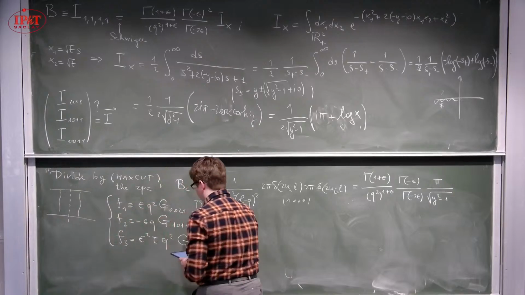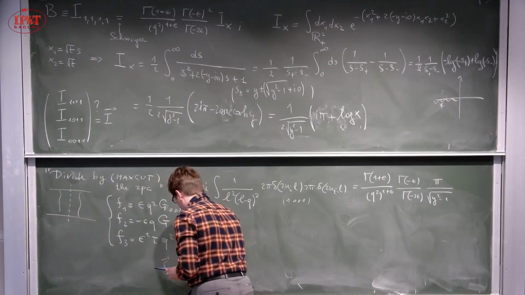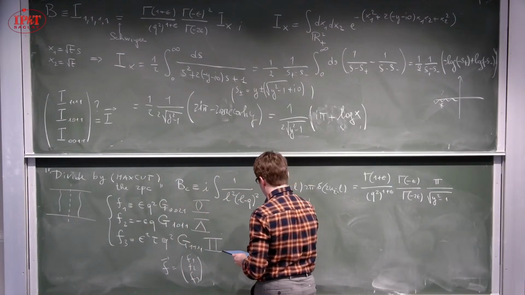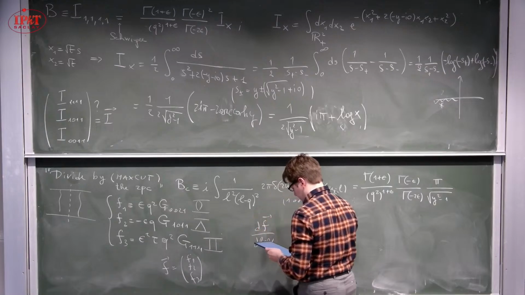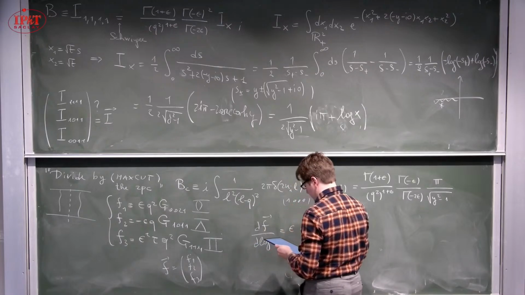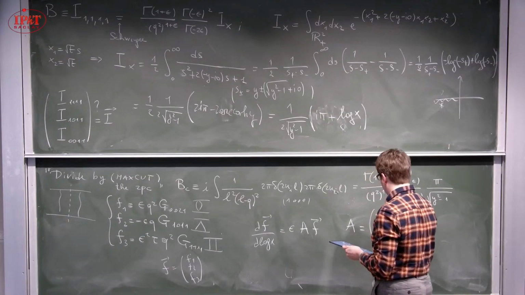So now we're calling f vector the master integrals, we call this the change of basis. And this satisfies derivative equal to epsilon times the matrix, and this matrix is very simple.